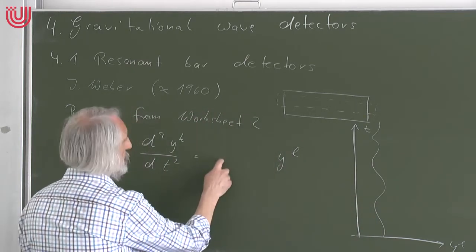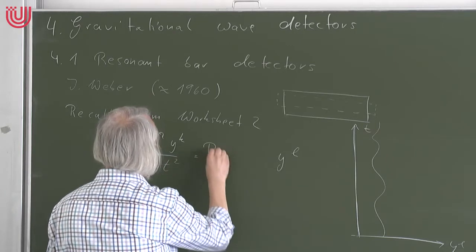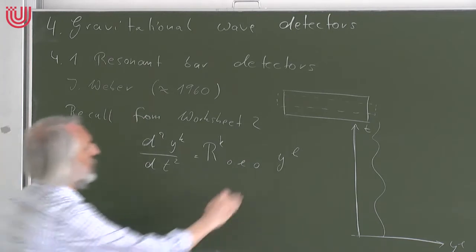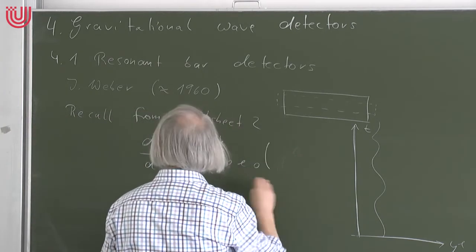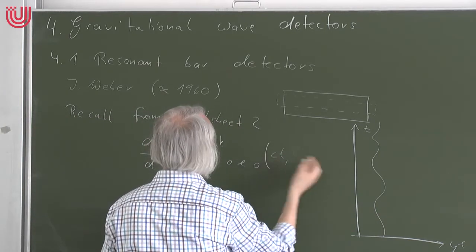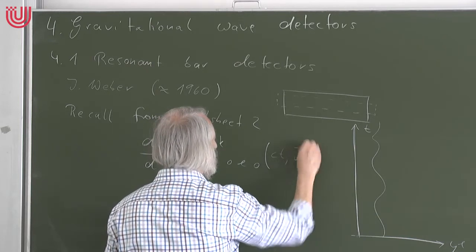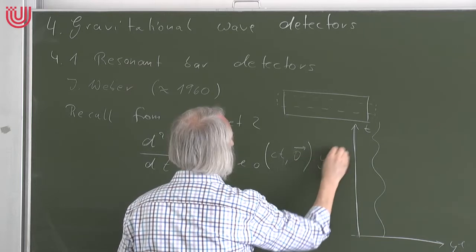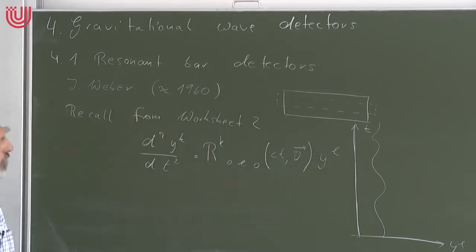And the coefficient in front of this was determined by the curvature tensor. This was the differential equation. The curvature tensor taken at time ct and at the position 0, at the central particle, times y_l. This was a differential equation.